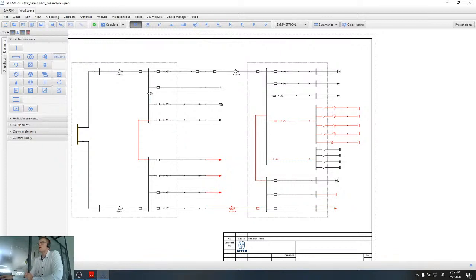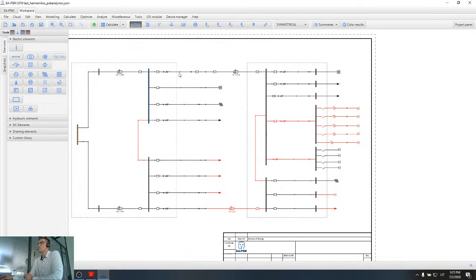So the location of buses, lines, which buses are connected by which lines, and then we use matrix algebra based on the Newton-Raphson, also Gauss-Seidel method to calculate load flows.